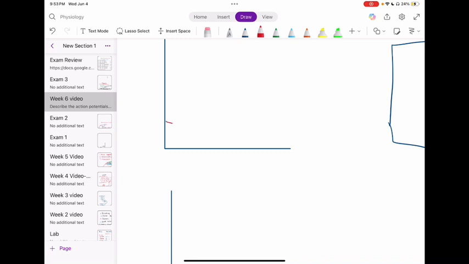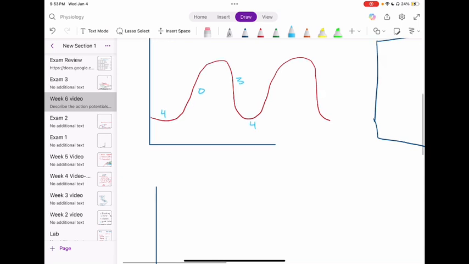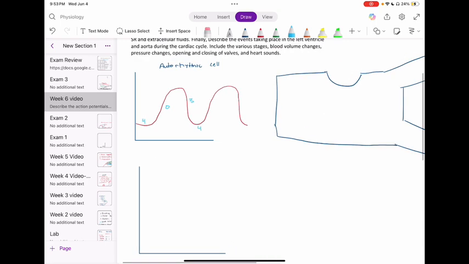This graph looks like this. We have different parts going on: 0, 4, and I'll teach you a little bit about it.